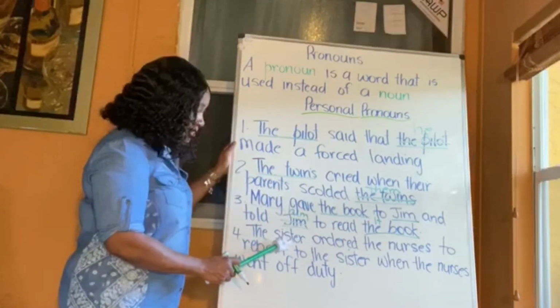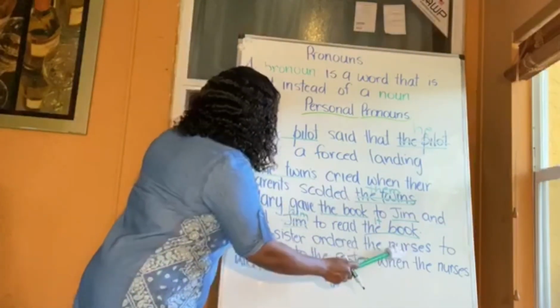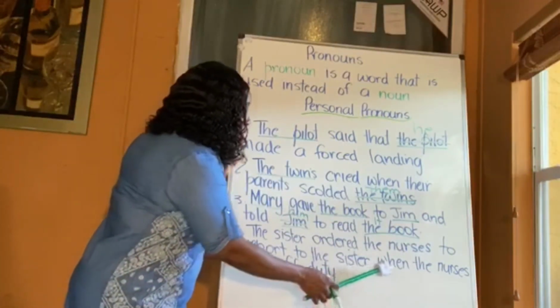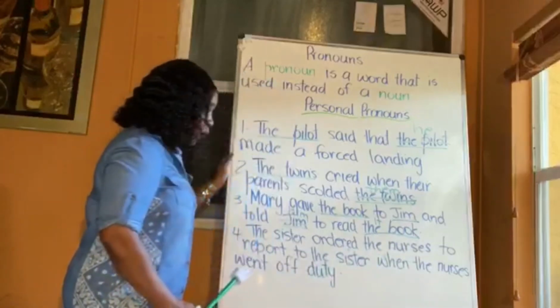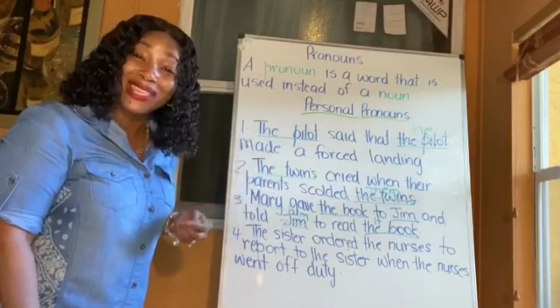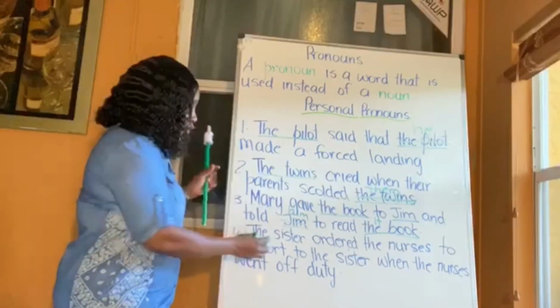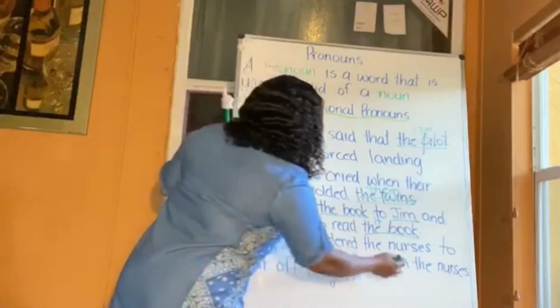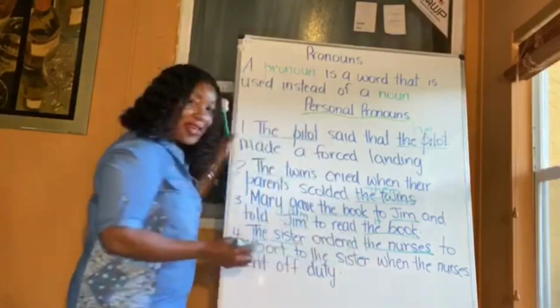The sister ordered the nurses to report to the sister when the nurses went off duty. Sounds confusing, too repetitive. Let's fix that. So the sister, which is one female, ordered the nurses, more than one nurse.